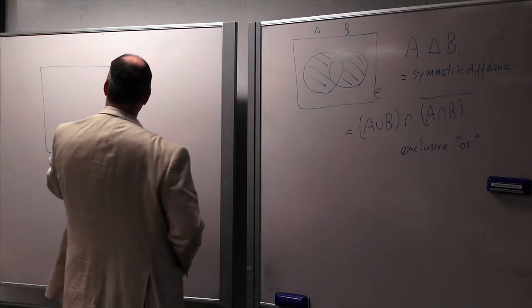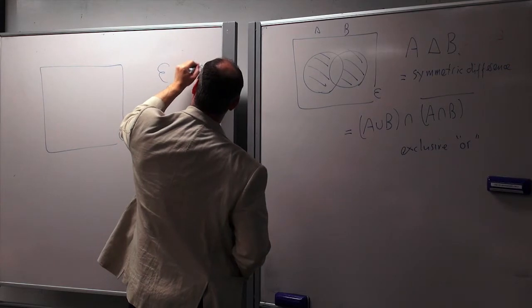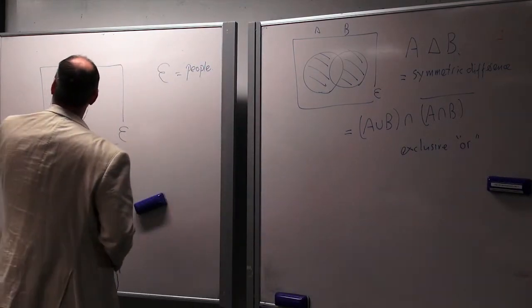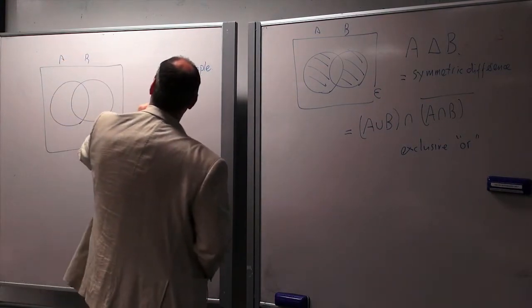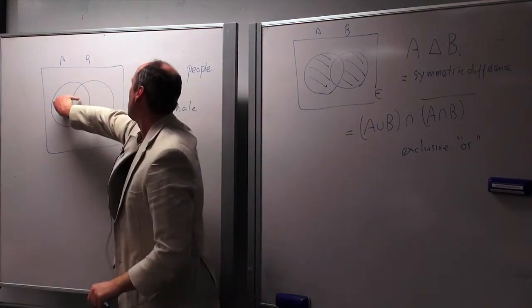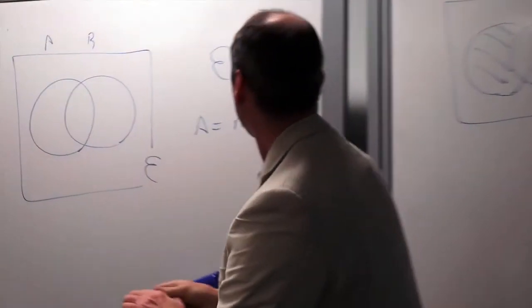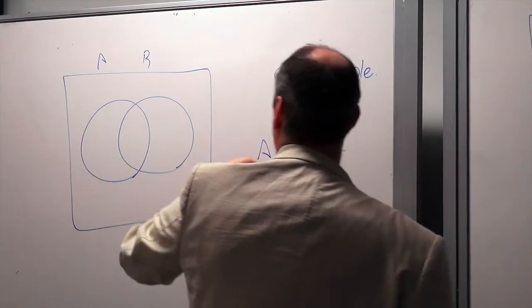People. A equals male. So male people are inside here and female are out. So I'm in that circle because I'm male.